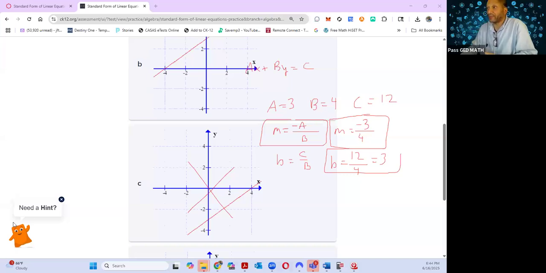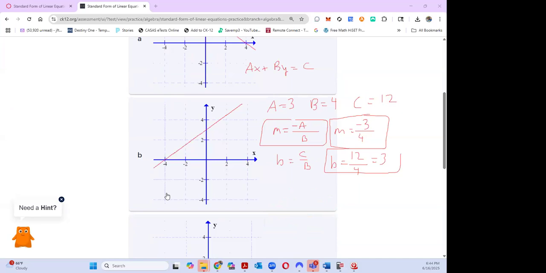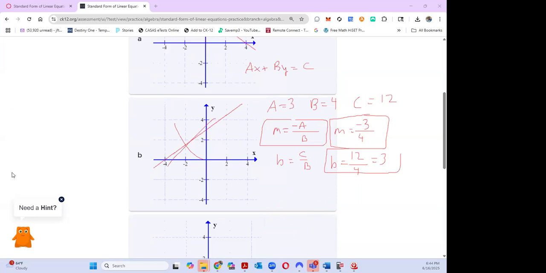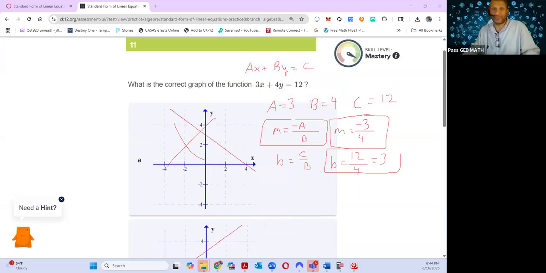We go to B. Can we get rid of B? That's going up too, so that's a positive slope. So it can't be B. Now we know the answer is A. The reason I started with D is that I already knew what the answer was.